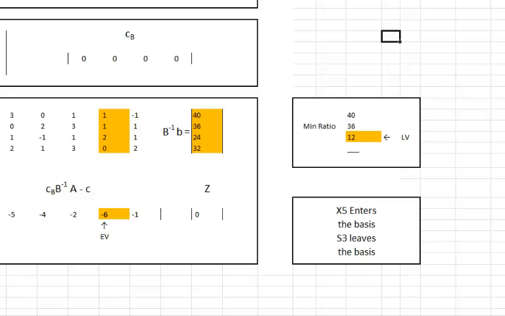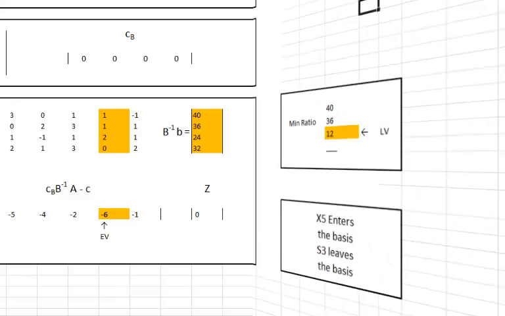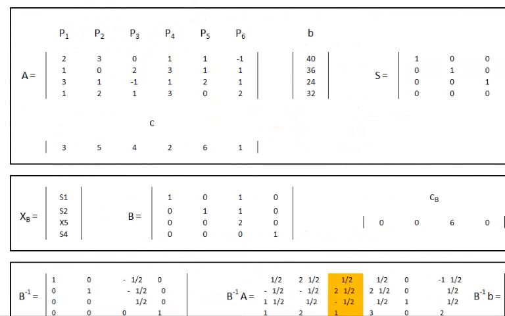We now form our new basis based on this condition. The adjacent extreme point is represented in here. Again, we have our basic calculations, but now the new basis consists of S1, S2, X5, which replaced S3, and S4.